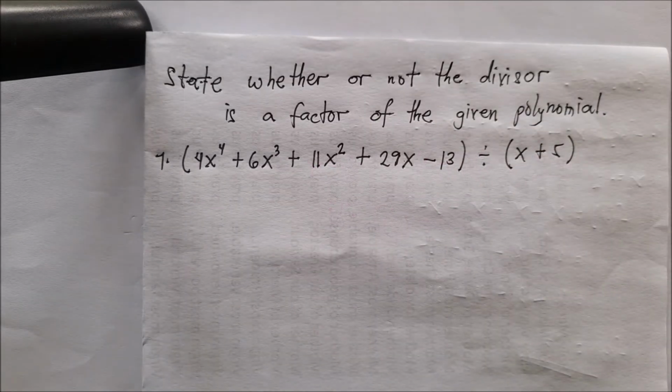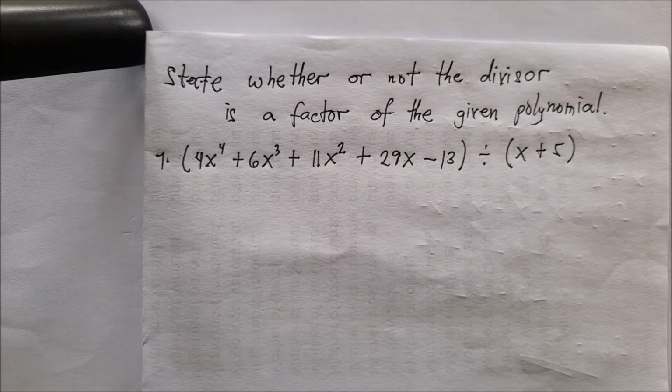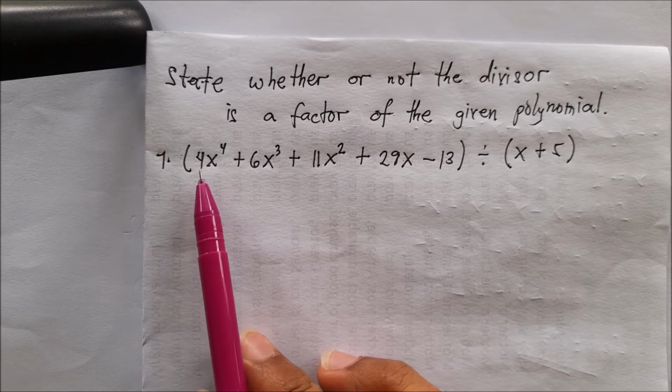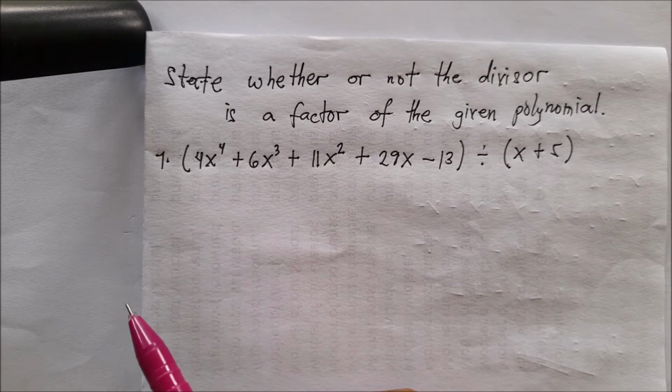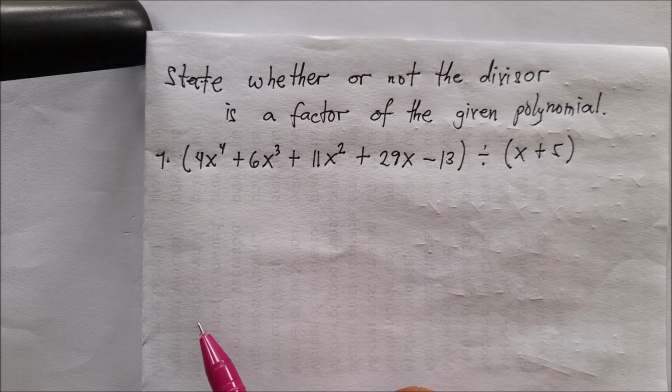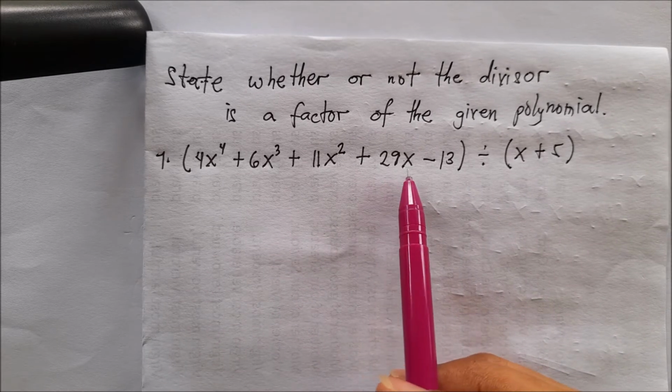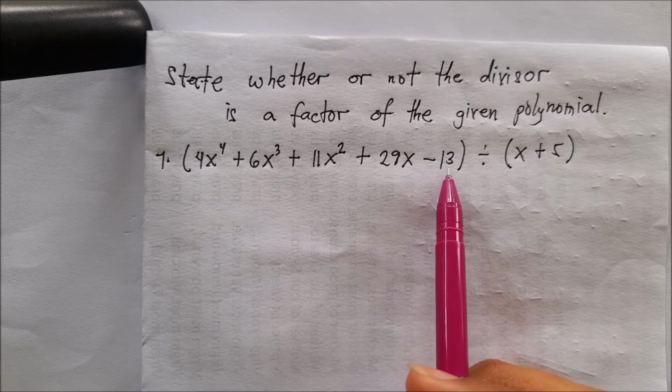From the questions here, state whether or not the divisor is a factor of the given polynomial. The given polynomial here is 4x raised to 4 plus 6x raised to 3 plus 11x raised to 2 plus 29x minus 13.